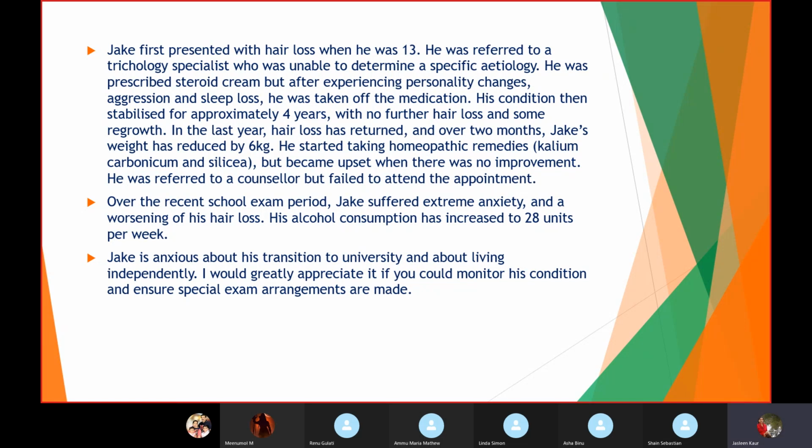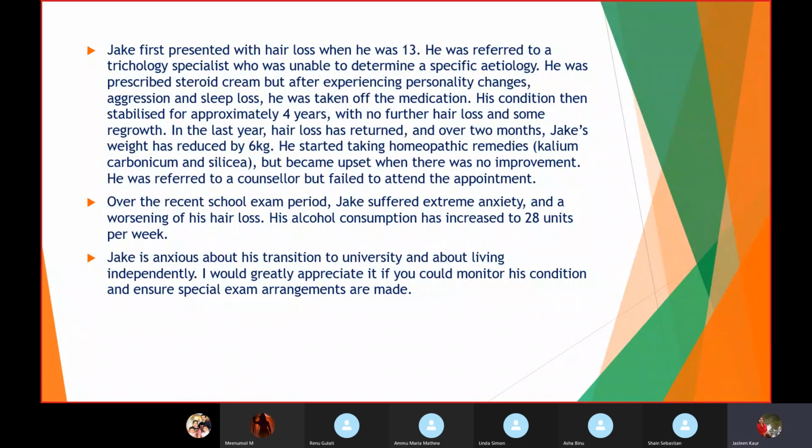Because the last line very clearly says there was no improvement with the treatment and he was referred to a counselor but failed to attend the appointment. So I understand, okay, so I need to monitor him. Now, second, over the recent school exam period.